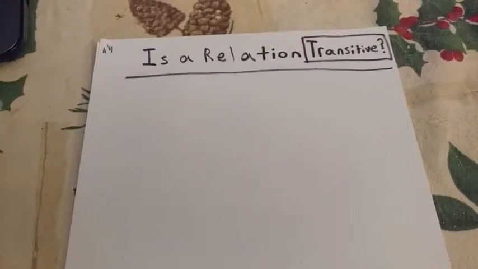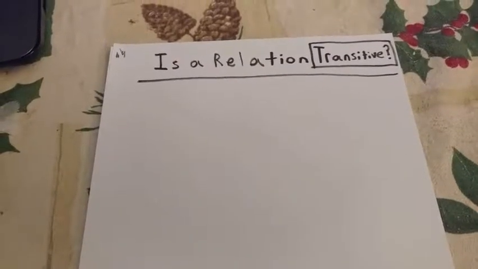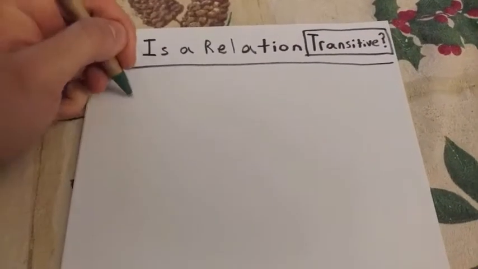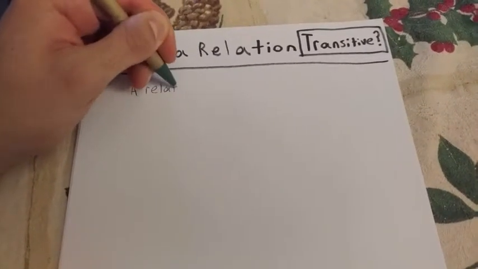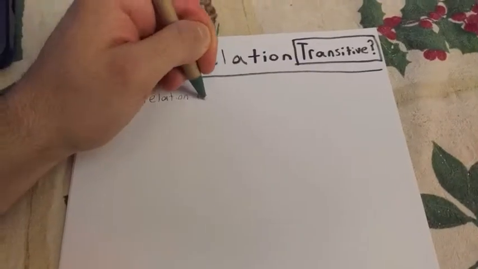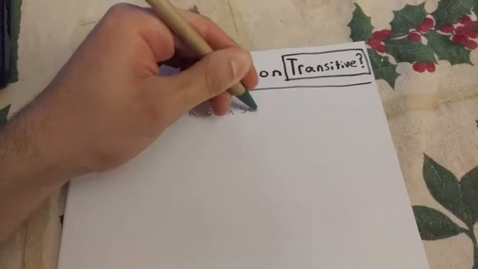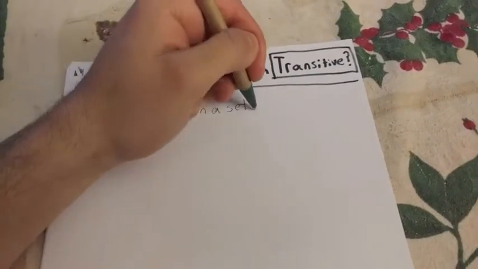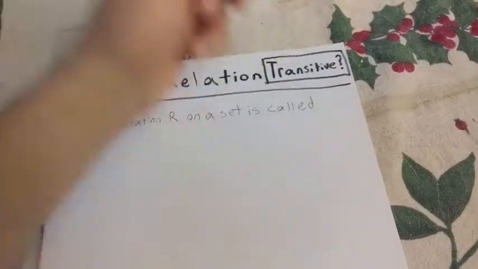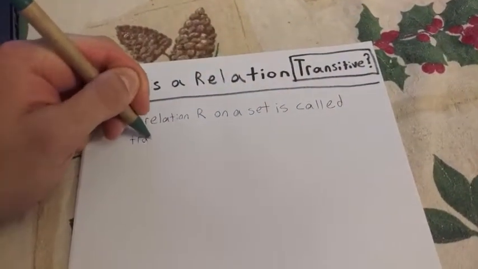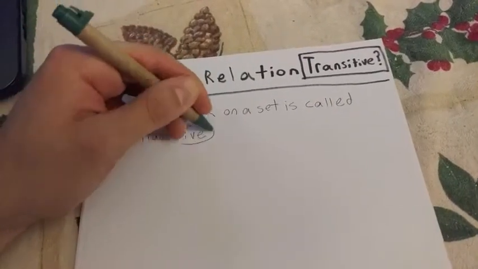So first of all, to begin, we should start with the definition of a transitive relation. So let me just write this down here. A relation we're going to call R on a set is called transitive, and that of course is our end goal here, determining whether or not the relation is transitive or not.